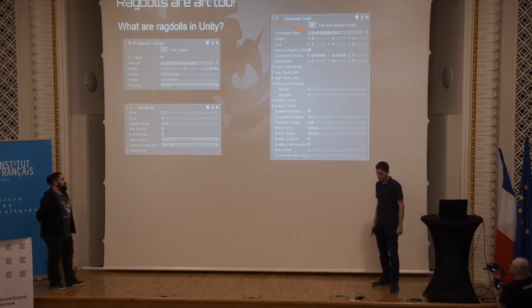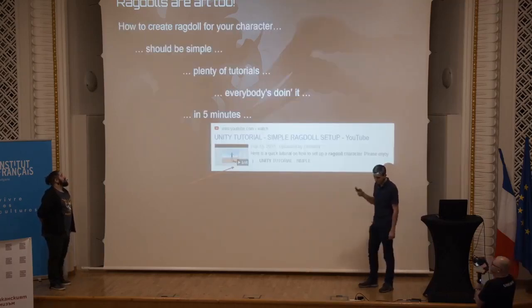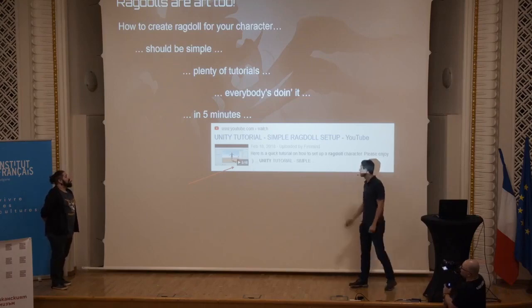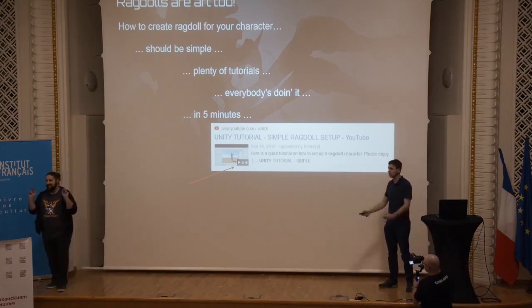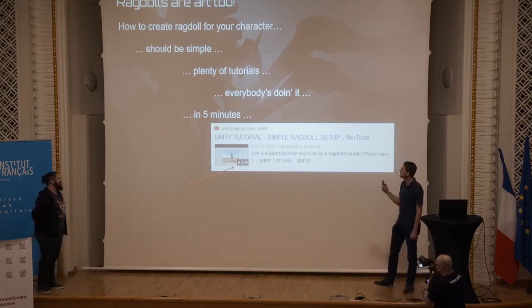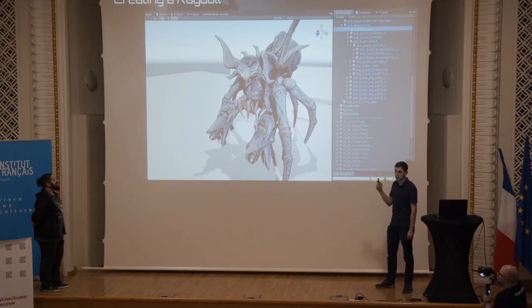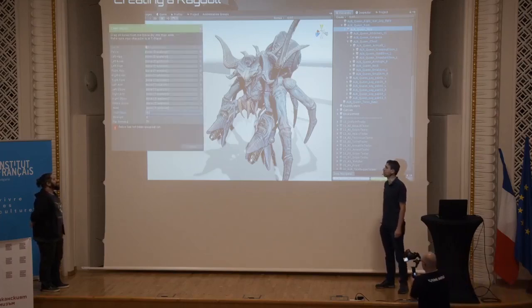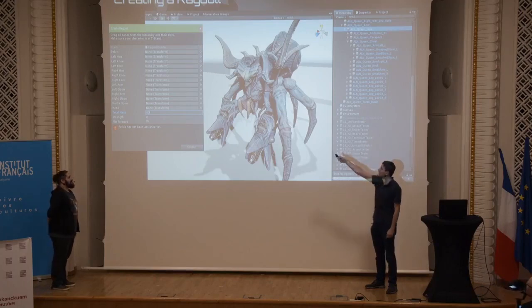So let's build a ragdoll in Unity. How hard can it be? There are plenty of tutorials. Everybody's doing it, and there's even a YouTube video with a 5-minute tutorial on it, so it should be simple. So let's begin. There's our character. Open the Unity wizard for ragdolls. And let's drag the needed bones to the corresponding fields.